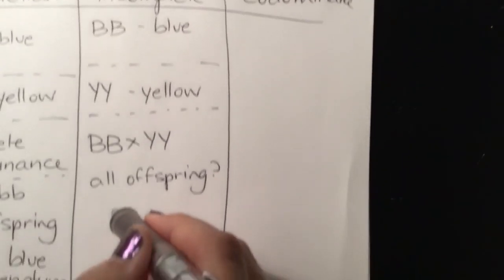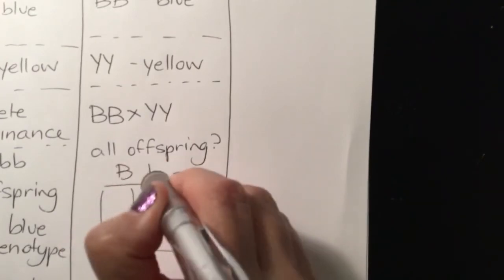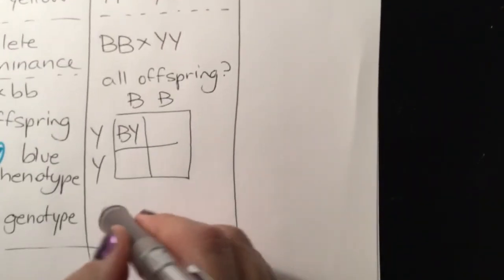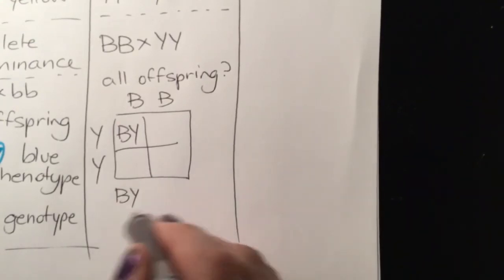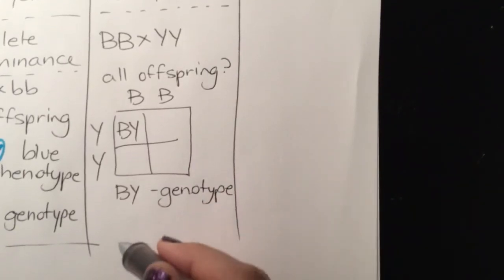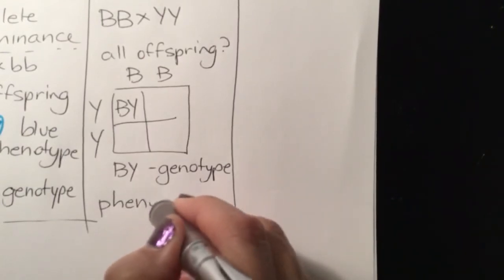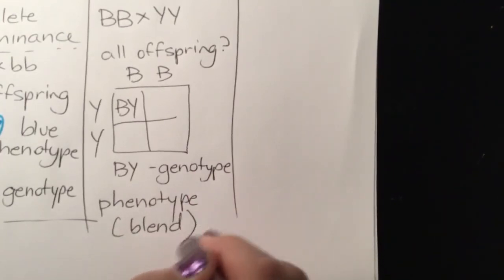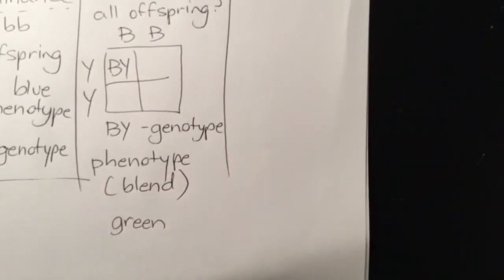Let's do a Punnett square real quick. BB, YY, BY. Oh, all offspring are BY, which means that's their genotype. And their phenotype is, you tell me, if incomplete is a blend, baby green. Those babies are going to be green.